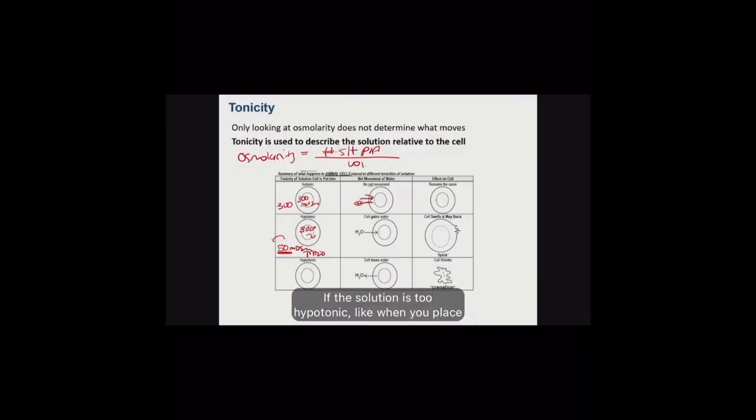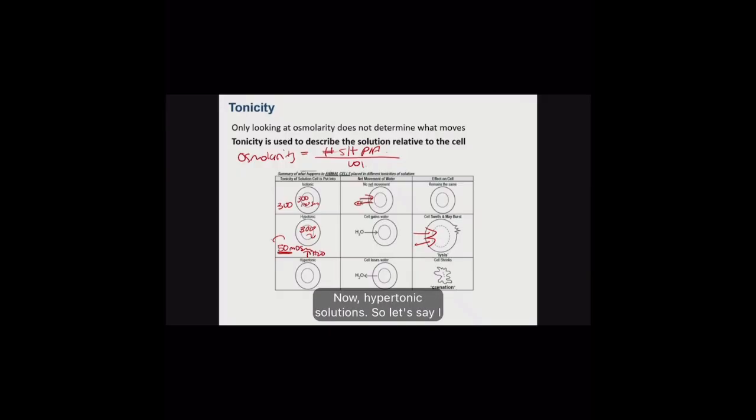If the solution is too hypotonic, like when you place a cell in distilled water, which has no solutes, then all of that water will come into the cell and cell volume increases until it bursts. It doesn't always burst. The solution has to be very hypotonic relative to the cell, because in that case, a ton of water will move into the cell. It's like a balloon, right? You can stretch it so much, but at some point, boom, it's going to burst, okay?